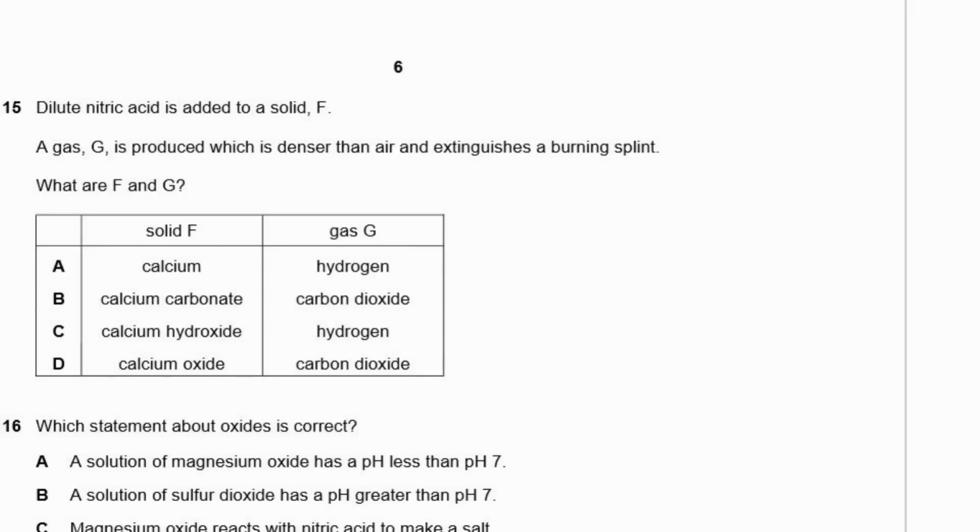Question 15. Dilute nitric acid is added to a solid F. A gas G is produced which is denser than air and extinguishes a burning splint. That to me sounds like carbon dioxide, because carbon dioxide is heavier than air, so it will settle if you have it in a conical flask.